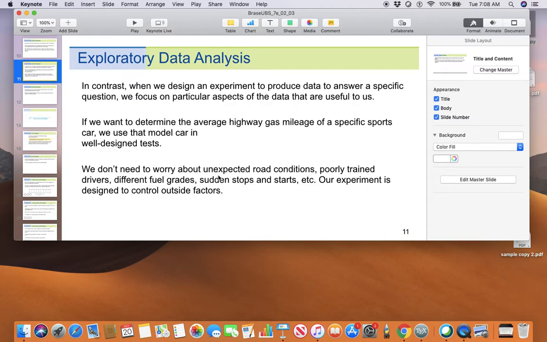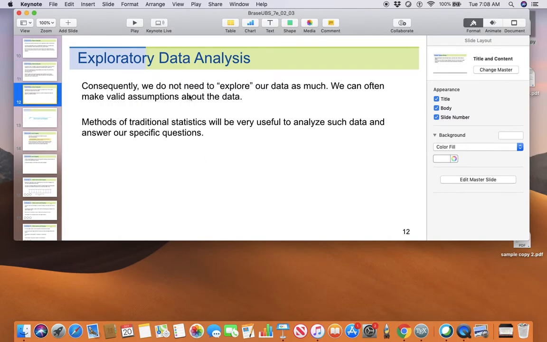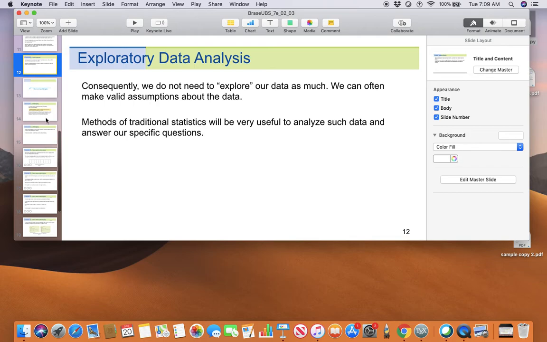We don't need to worry about unexpected road conditions, poorly trained drivers, different fuel grades, sudden stops and starts, etc. Our experiment is designed to control outside factors. All right. So, consequently, we do not need to explore our data as much. Methods of traditional statistics will be very useful to analyze such data and answer our specific questions.